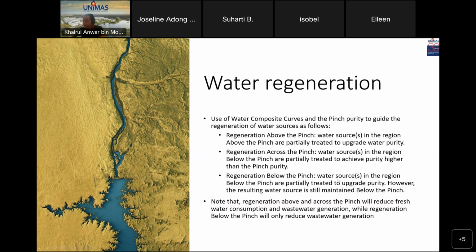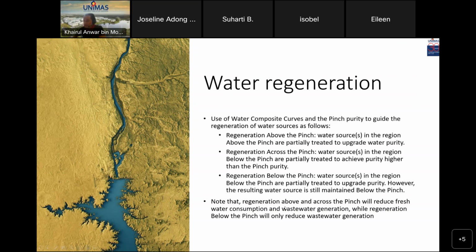Regeneration below the pinch: water sources in the region below the pinch are partially treated to upgrade purity. However, the resulting water source is still maintained below the pinch. This is just a guideline, the strategy for how to regenerate the water.